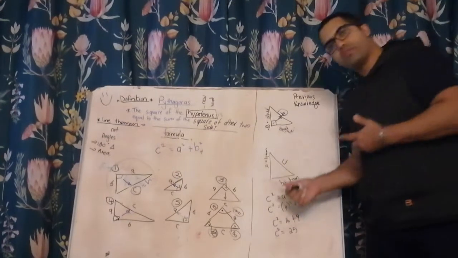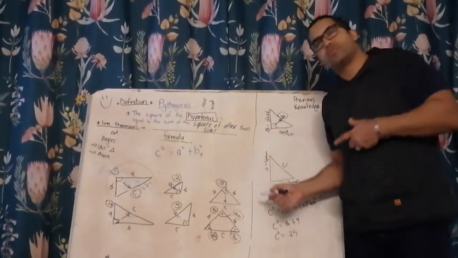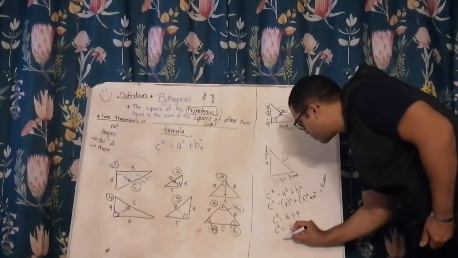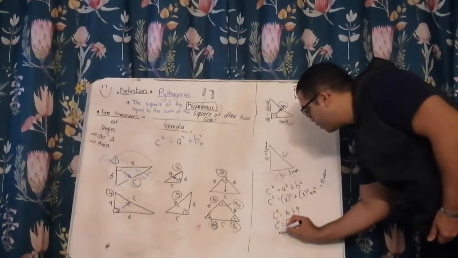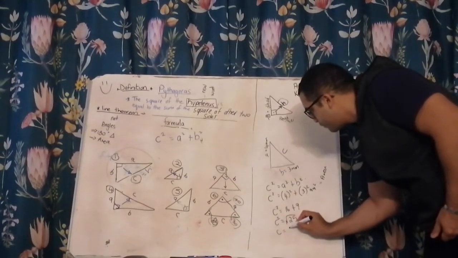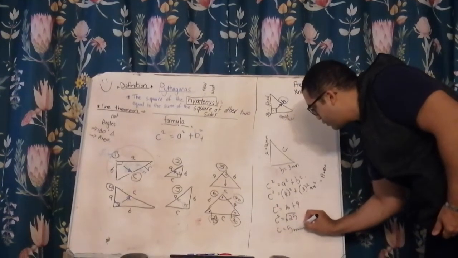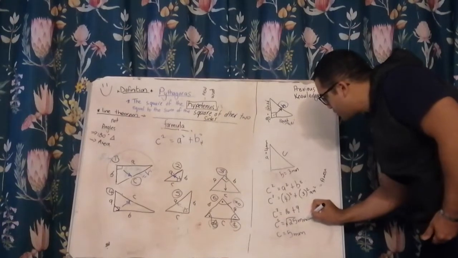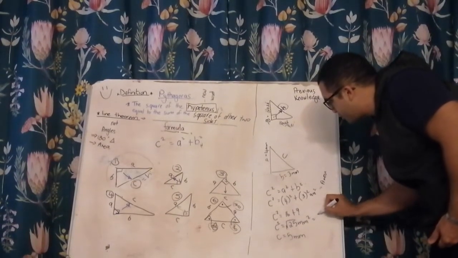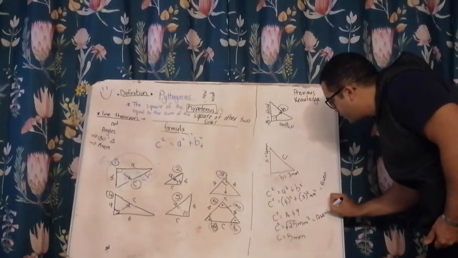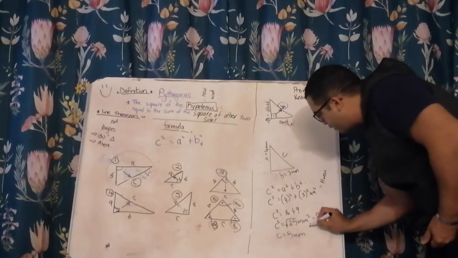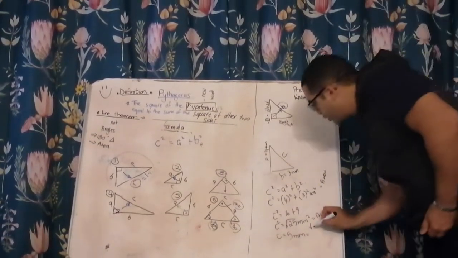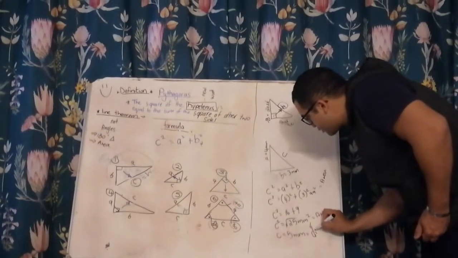And what is the opposite of squaring? It will be the square root. So we square root this 25, and we get 5 millimeters. That was millimeters squared still, so that was still area. If we take the square root of that area to get rid of the square, it will equal distance.